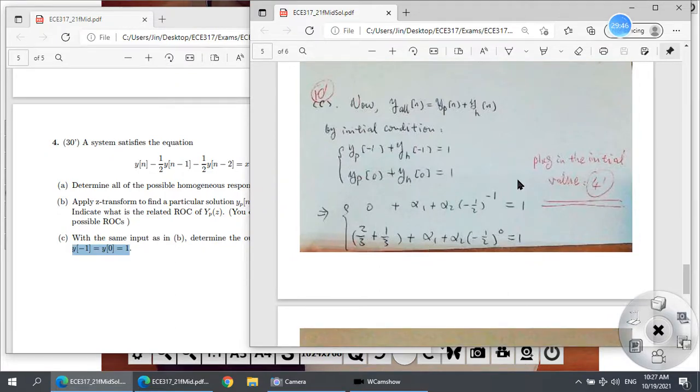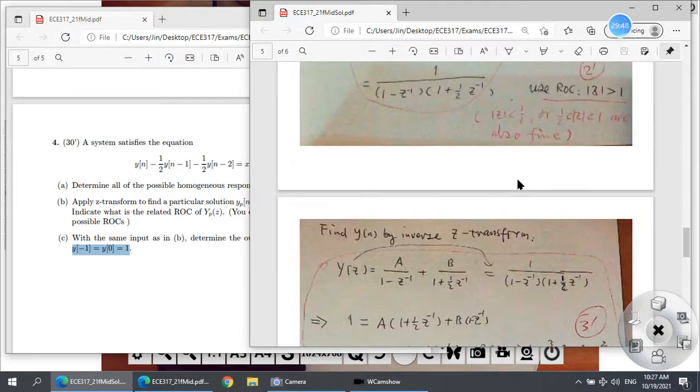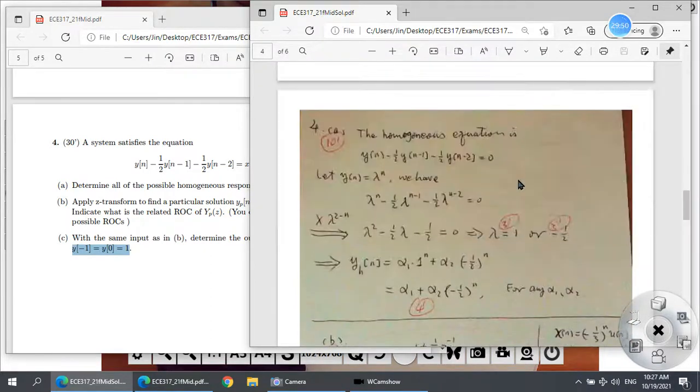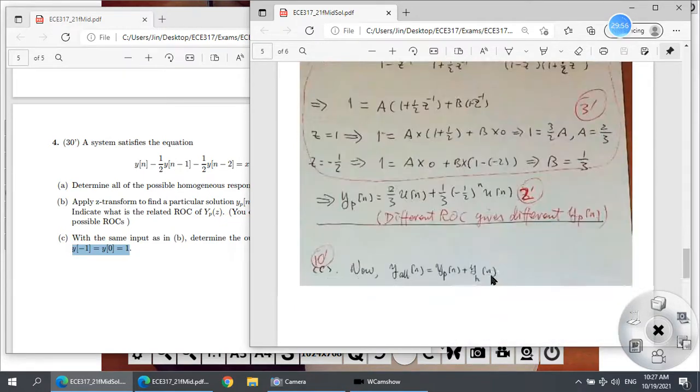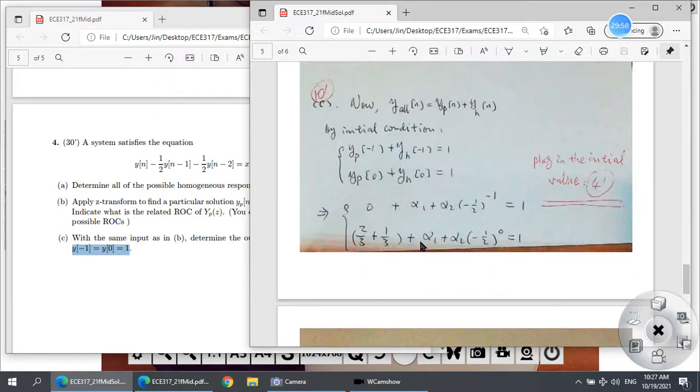And for the homogeneous solution, alpha 1 plus alpha 2 times negative half to the power n, now n is 0, equal to 1.